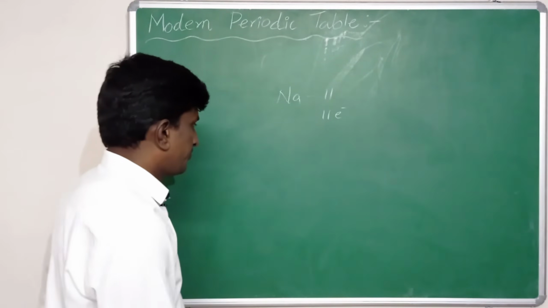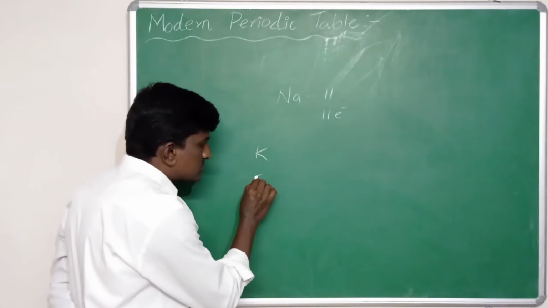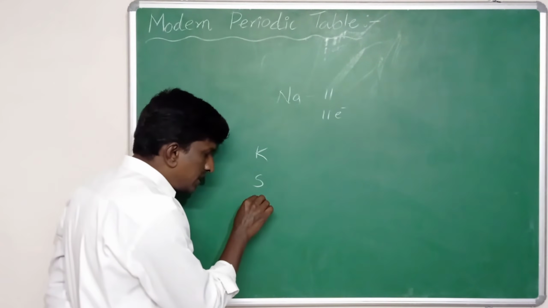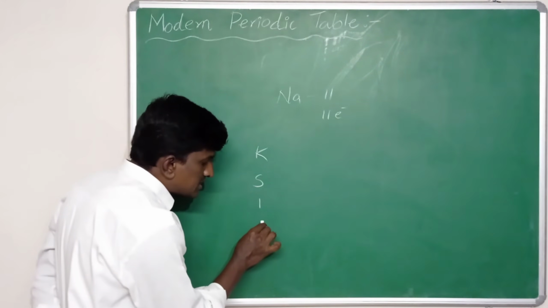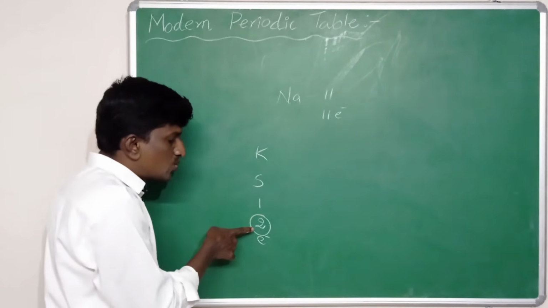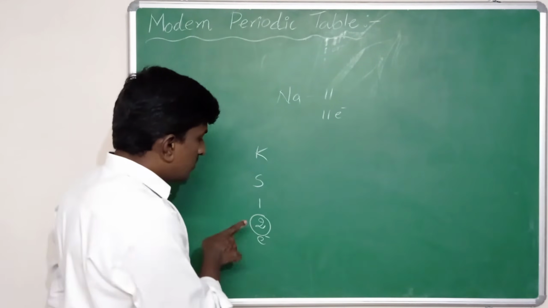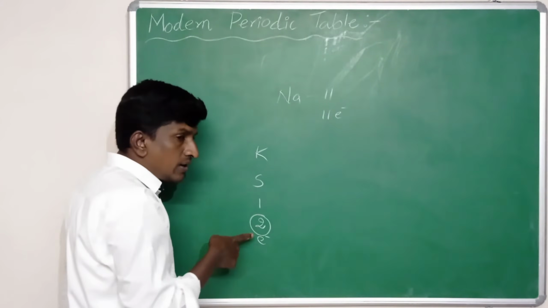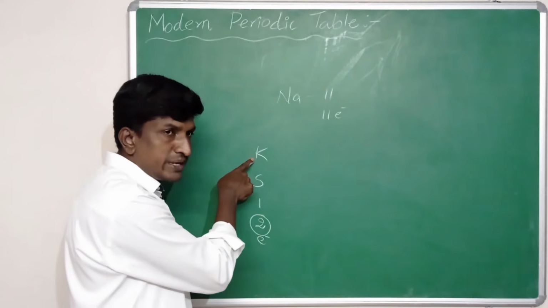For example, the first shell is said to be K and it has only one subshell, the S subshell, which has only one orbital. Each orbital can hold 2 electrons, so the maximum number of electrons we can fill in the first main shell is 2.